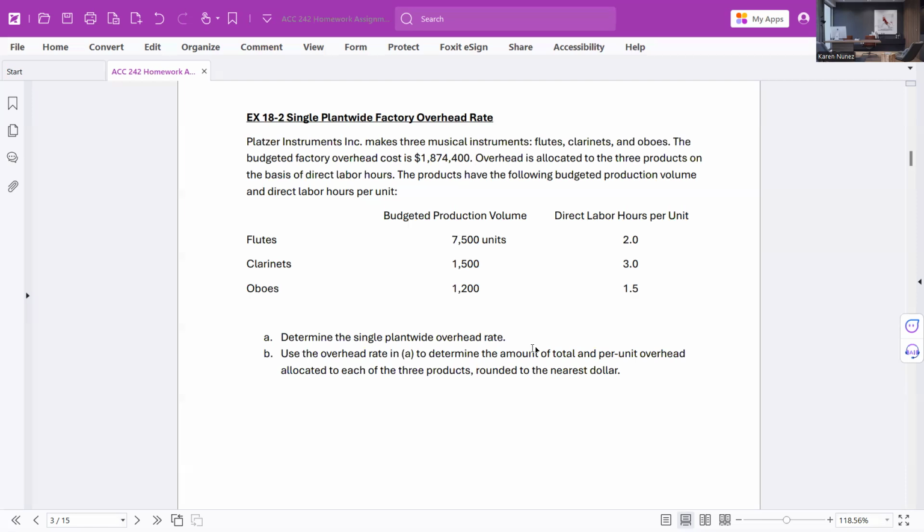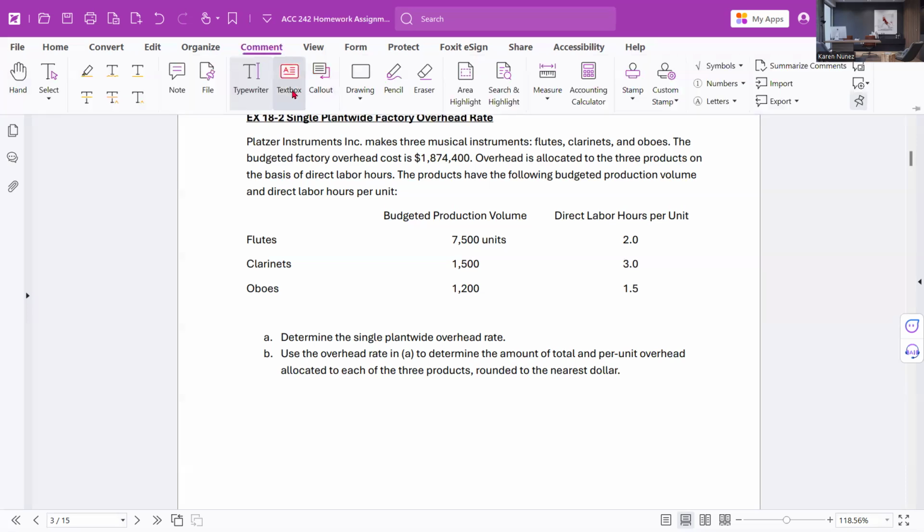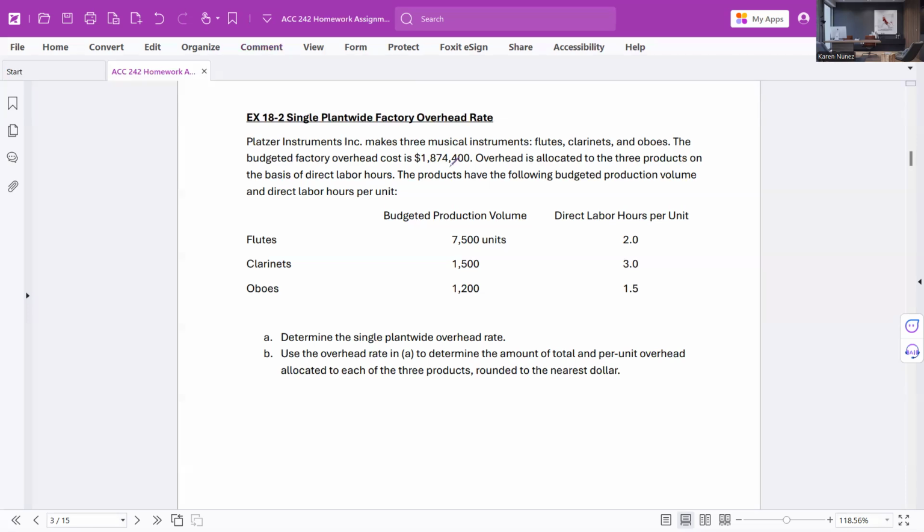So if we need a single plant-wide overhead rate, then again, what we need is total overhead that's given right here, 1,874,400,000. We have total overhead divided by the total allocation base. They define the way the rate should be calculated for us, right?